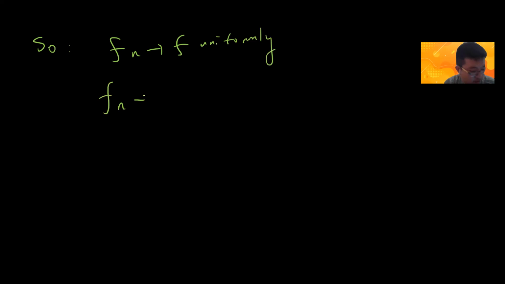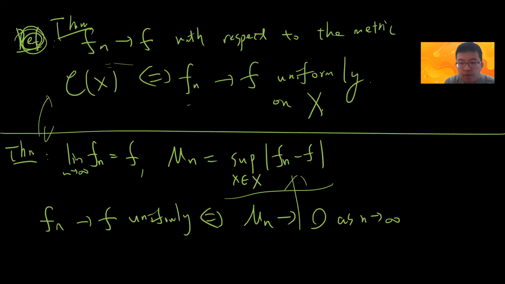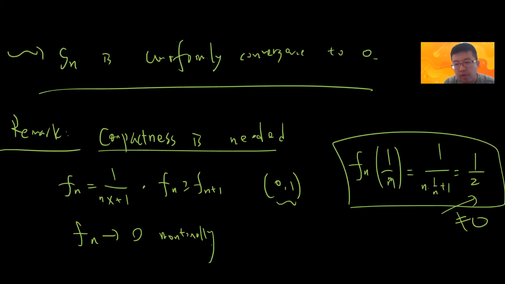So Fn converges to F uniformly, and we will have this. And obviously F belongs to this space. Okay, and this space is what we should use in the future if you study more advanced analysis.